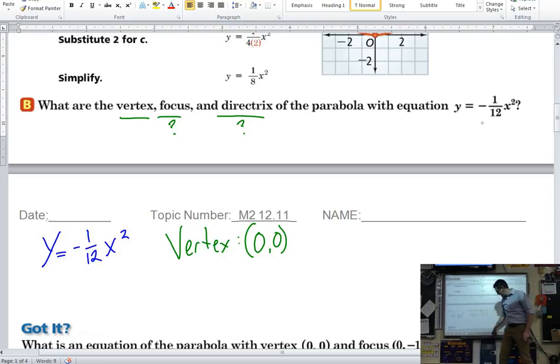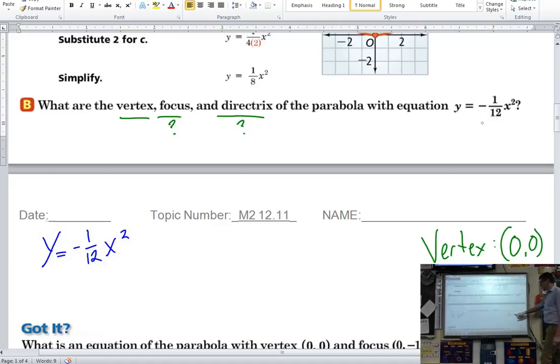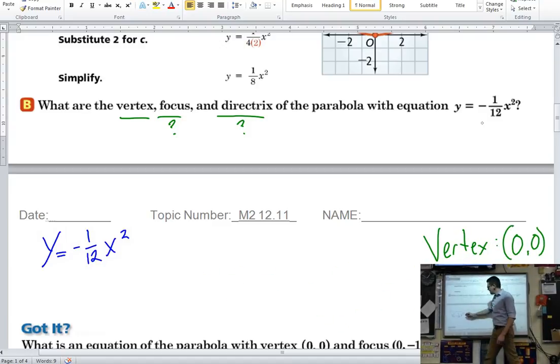So we know that, so I'm going to shift this off to the side. This is equal to 1 over 4c x squared. So what must c be to make that happen? Close. -3.